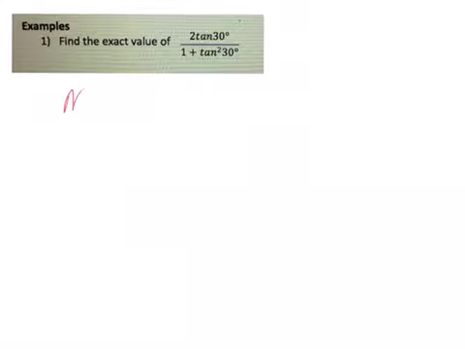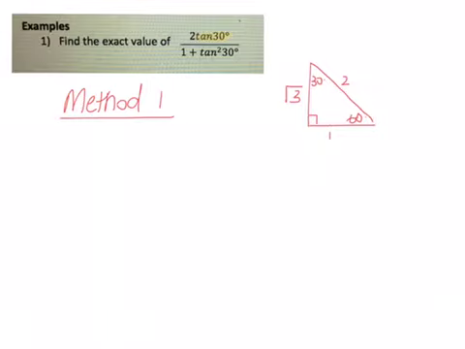So, just to remind ourselves again, using method 1, which was just making a direct substitution for an exact value of tan 30, we obtain the exact value for tan 30 from our reference sheet as 1 over root 3.